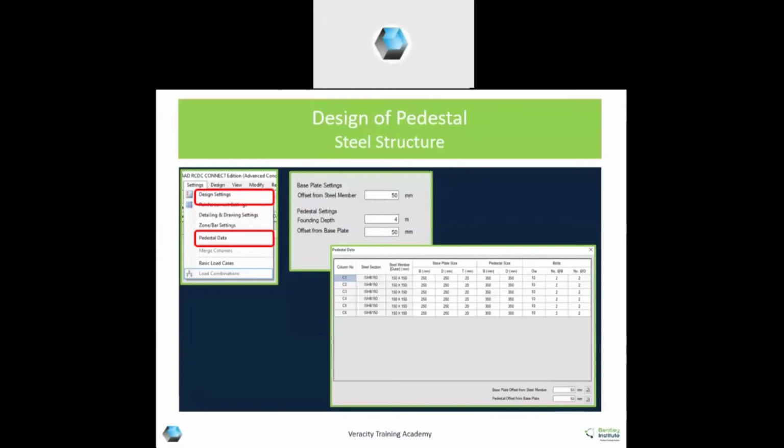At that time, you can input the data, like you must be having some I column or double channel. So offsets from that member to the base plate and offset of base plate till the pedestal, and how much height of pedestal you want, that also you can input.